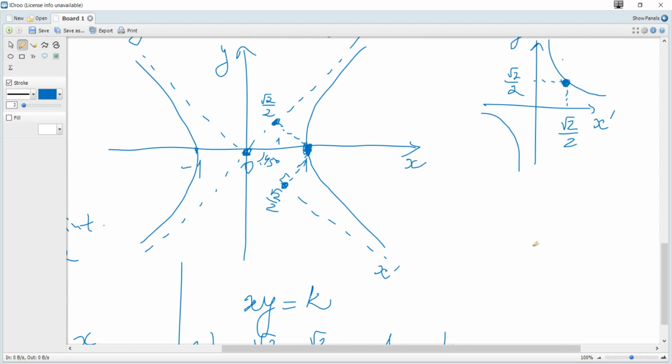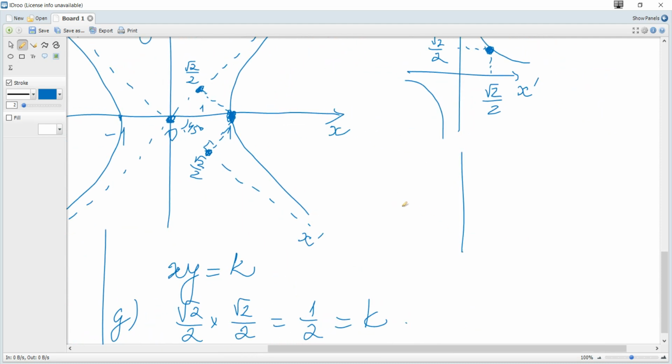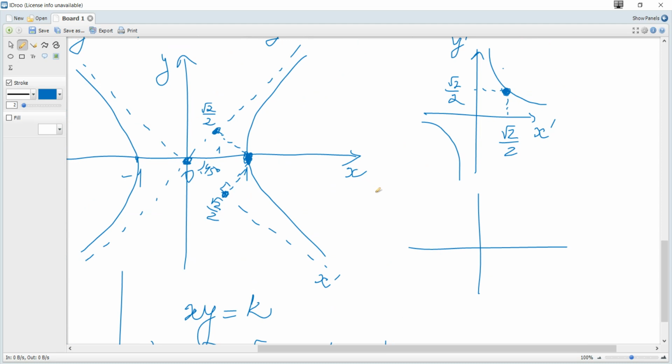But we can rotate by 45 degrees in clockwise direction, so that we get the hyperbola in the second and the fourth quadrants, and it will look like this, and you can see that our point 1, 0 after rotation will be root 2 over 2 and negative root 2 over 2.